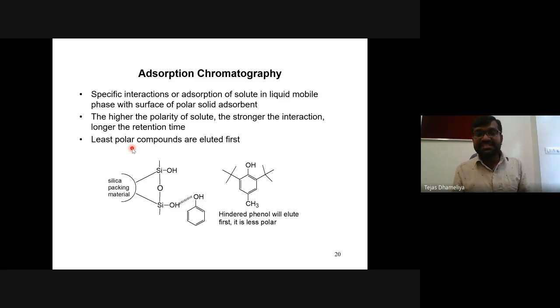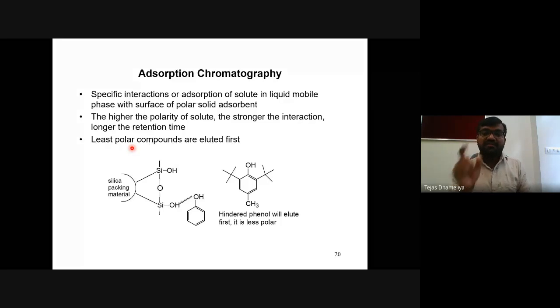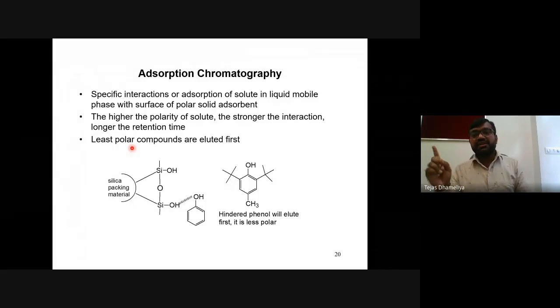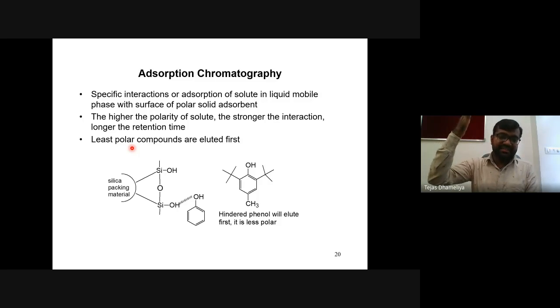So this principle is applicable over here where a non-polar compound will come out first and this polar compound will be retained. So non-polar compound will be at the top in thin layer chromatography and polar compound will be at the bottom.